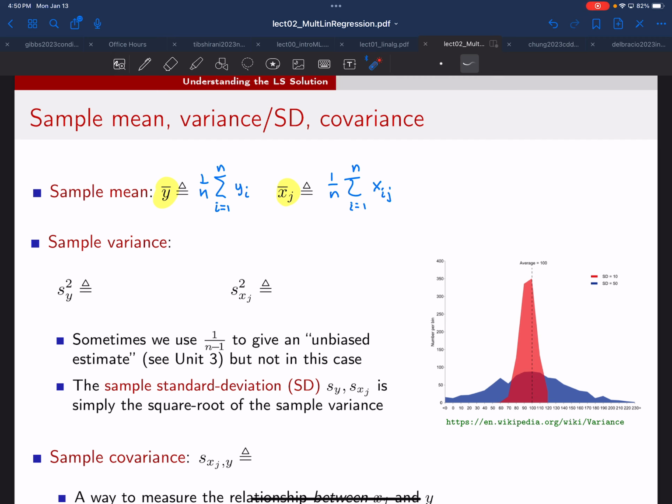Okay. Let's go to the slightly more complicated statistic, the sample variance. For the sample variance, we're going to do another average over our training data, but the thing we're going to average is y_i minus its sample mean. This thing here is what we're using for that y bar. So here we're looking at the average squared deviation between y and its mean.